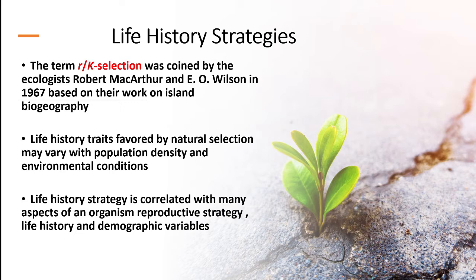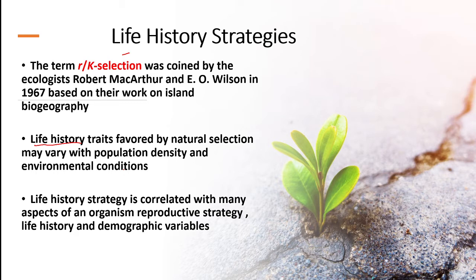Now let us understand the meaning of these terminologies. First we will understand the meaning of the terminology life history. What does life history mean? It means how the organisms grow, how the organism survives and reproduces over time. Here the organism has to face many trade-offs.